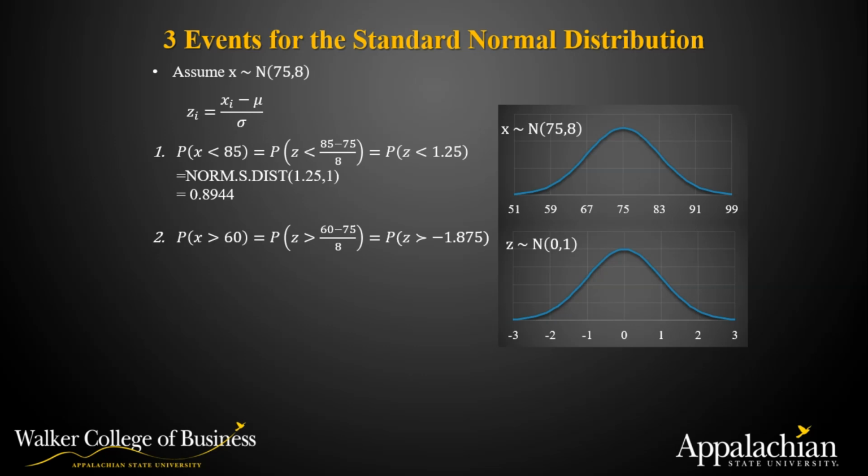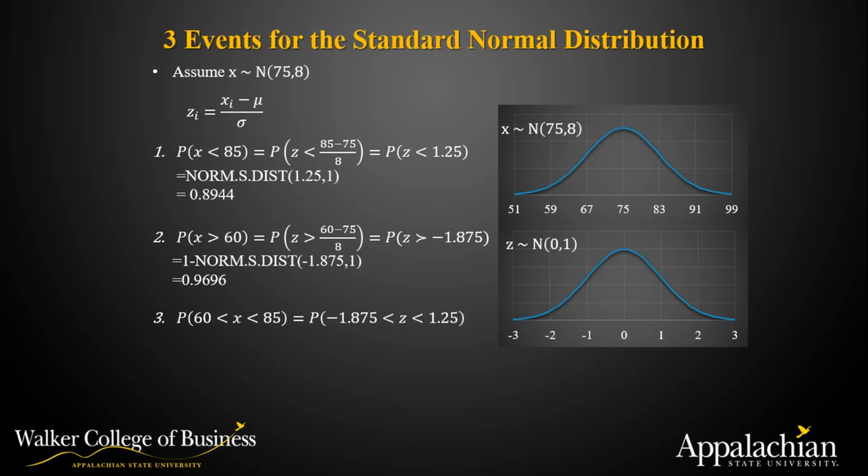And we see that the probability that z is greater than negative 1.875 can be found by typing in equals 1 minus norm.s.dist evaluated at negative 1.875 in Excel. Hitting enter reveals that that probability is 96.96%.